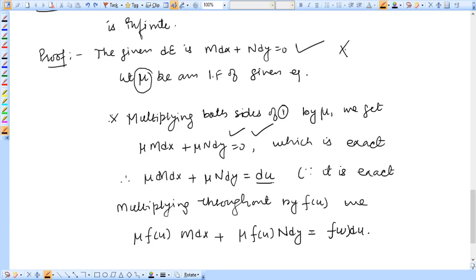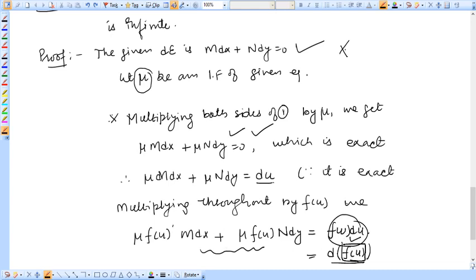So this could be written as equal to d of F(u), right? Therefore it is still exact, because we are able to find some function equal to F(u) such that this equation is equal to the differential of it. Therefore this equation is still exact.